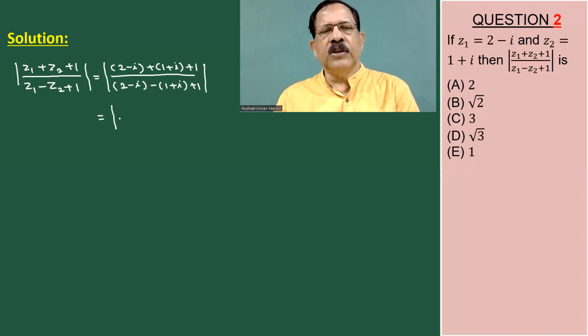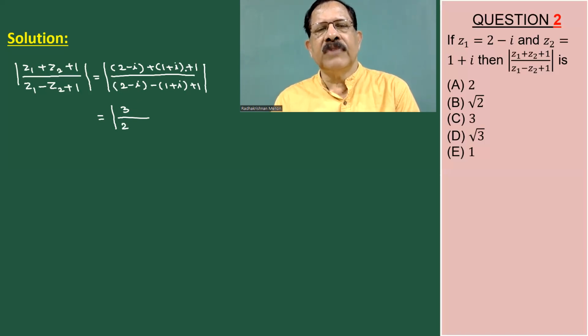Now simplify the numerator. 2 plus 1 plus 1, 3, minus i plus i is getting cancelled. And the denominator, 2 minus i, 2 minus 1 plus 1, so it is 2.